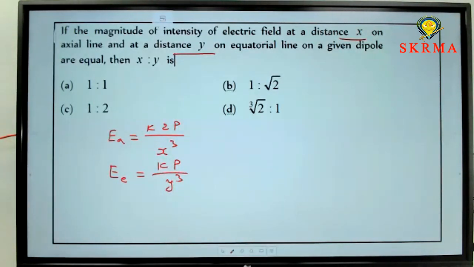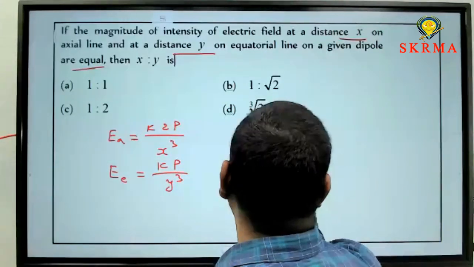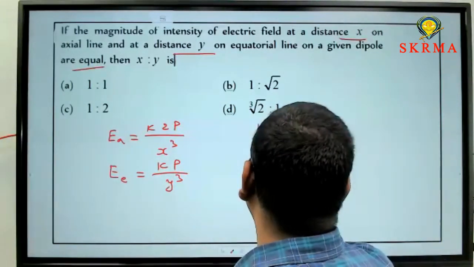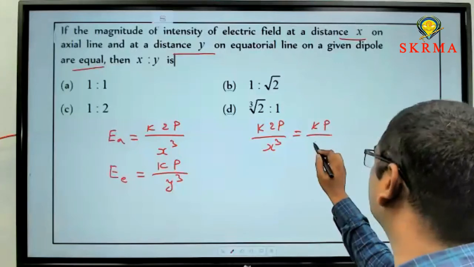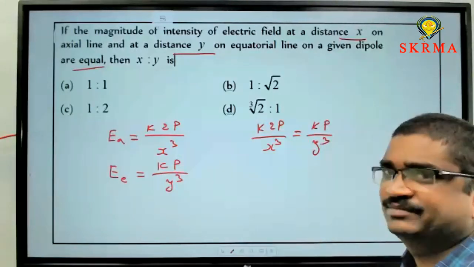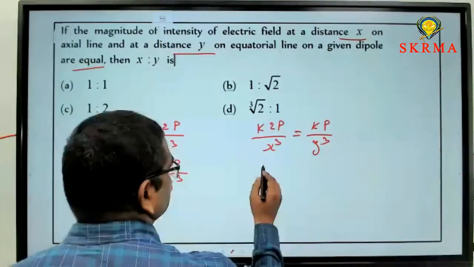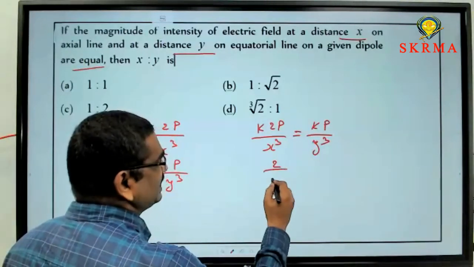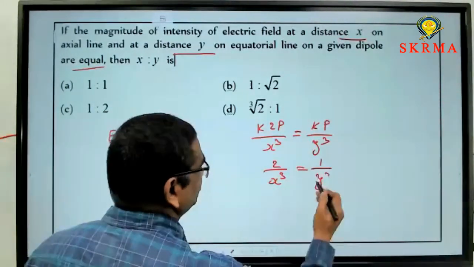Now, according to the question, these two are equal. Just equate them. K into 2p by x cube is equal to K into p by y cube. Cancel similar terms on both sides. K and p get cancelled out. 2 by x cube equals 1 by y cube.